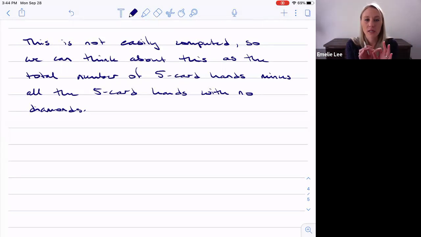So what we have to do is figure out the total number of 5 card hands, which we've already done earlier, but it's a good exercise.